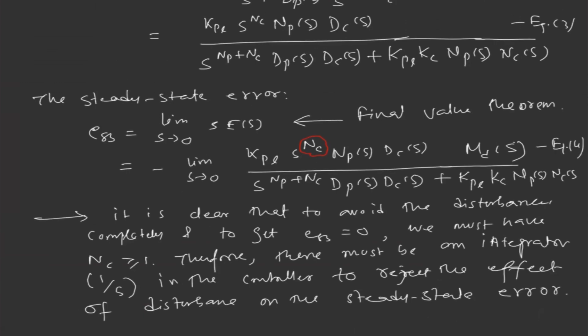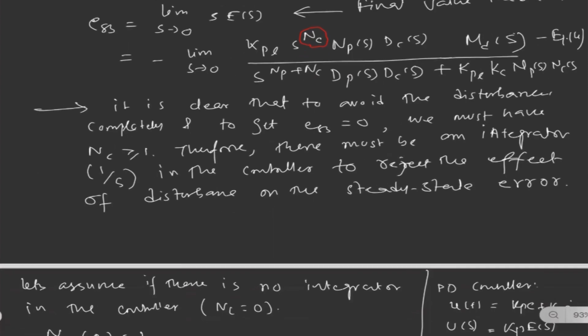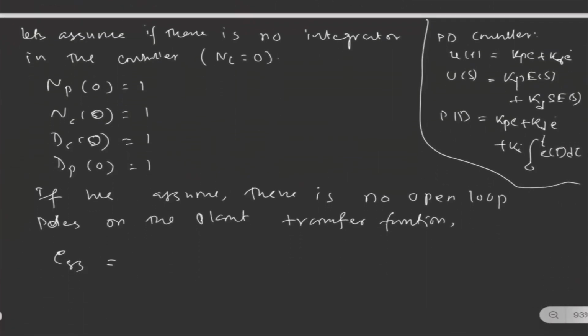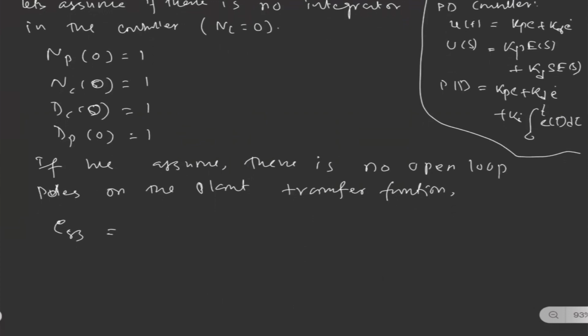In equation 4, if you assume there is no N_C and no N_P, so there are no open loop poles in the controller as well as in the plant transfer function, then we can write e_ss equal to minus K_PL M_D divided by 1 plus K_PL K_C.